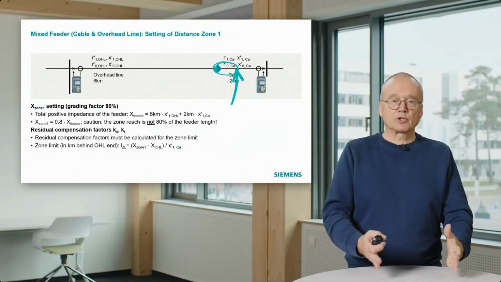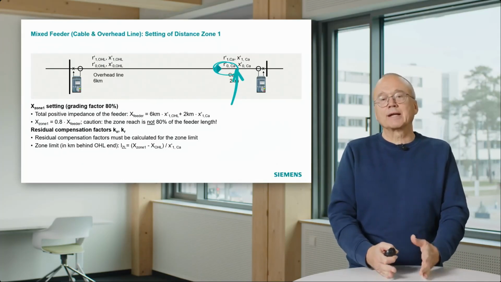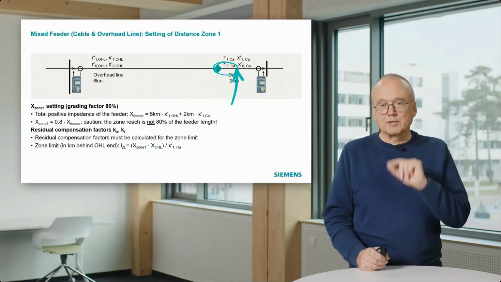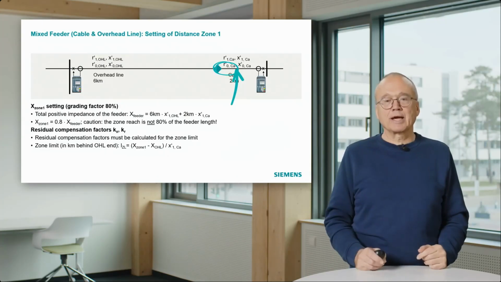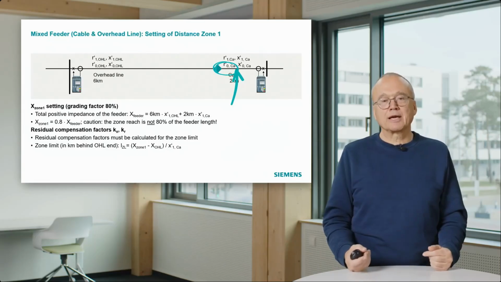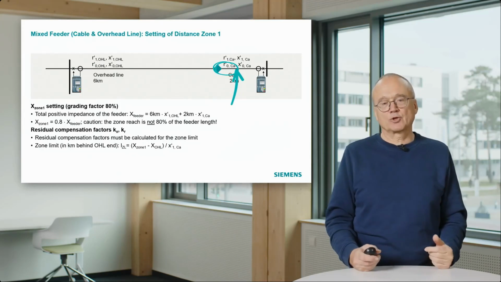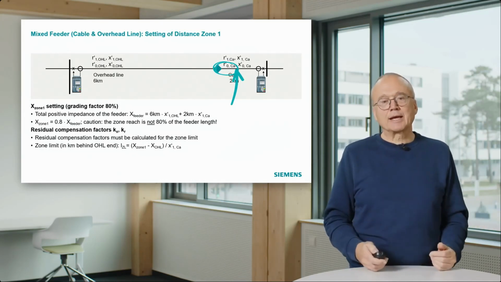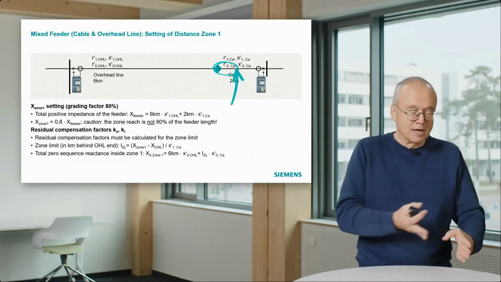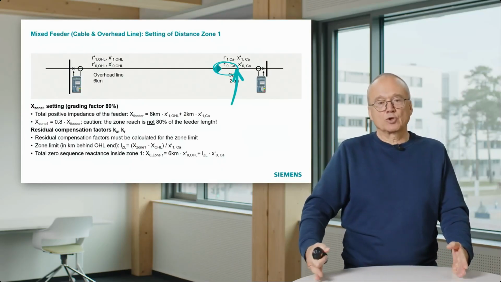That means if we subtract the reactance of the overhead line from the whole reactance of the first zone, we get the positive sequence reactance of this part of the cable, which is in the circle there. And if we divide that by the ohms per kilometer of the cable, then we get the length of this cable part in the circle. And once we have the length, then we can calculate the total zero sequence impedance from the relay to this end of the first zone.